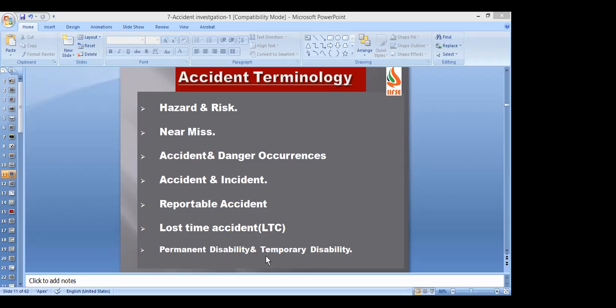Permanent disability and temporary disability. Yes, Rahul. Sir, here I have one question. Recently I faced one scenario, sir. A member met with an accident, and he did not report to the OHC, first aid room, and he directly went back home, and he did not return the next day for duty.